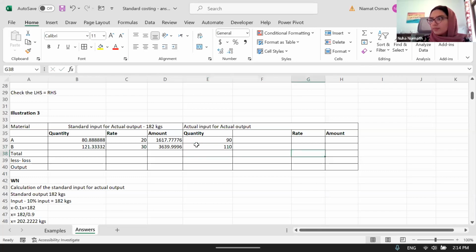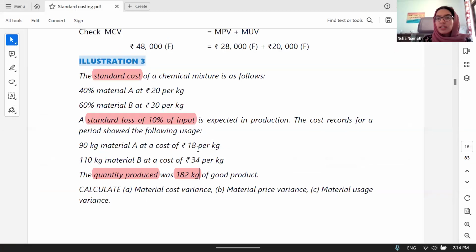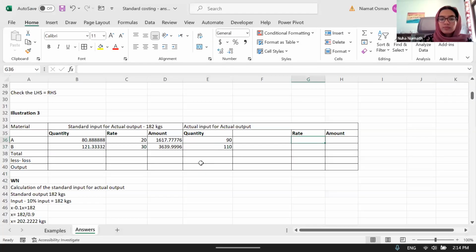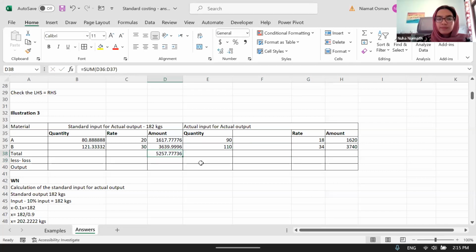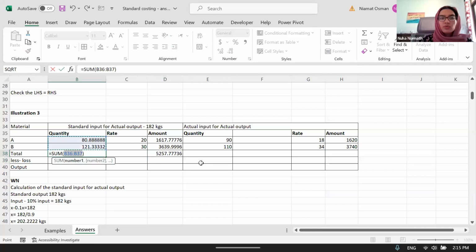Right? And what is our rate? Rate is given to be 18 and 34. These are our actual amounts. This is my total input used.